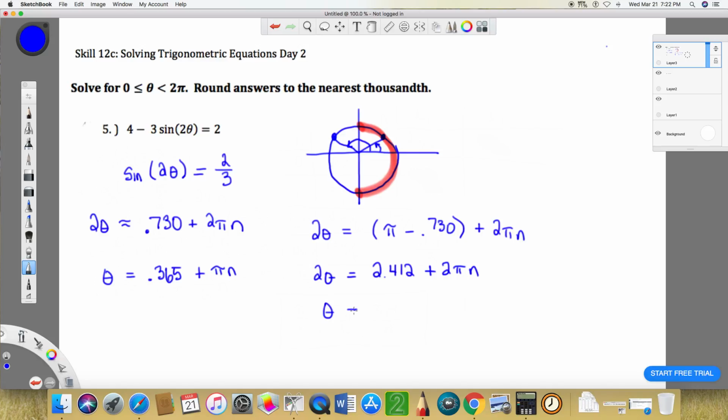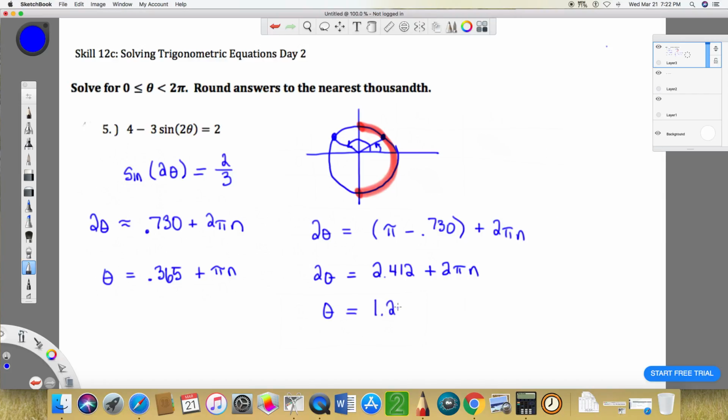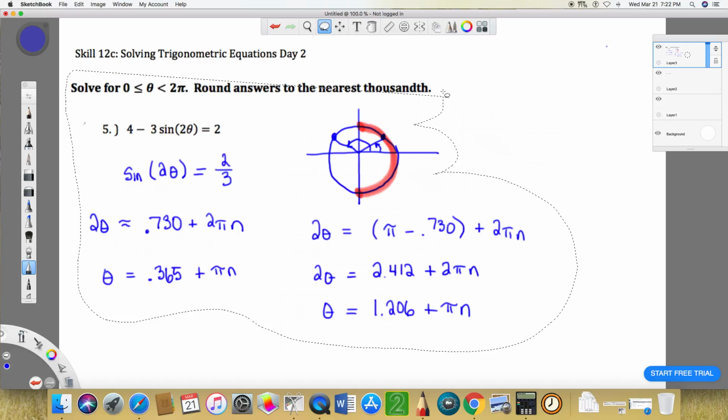And if we divide this 2.412 by 2, what do we get? 1.206. So that describes the infinitely many solutions that this equation has.